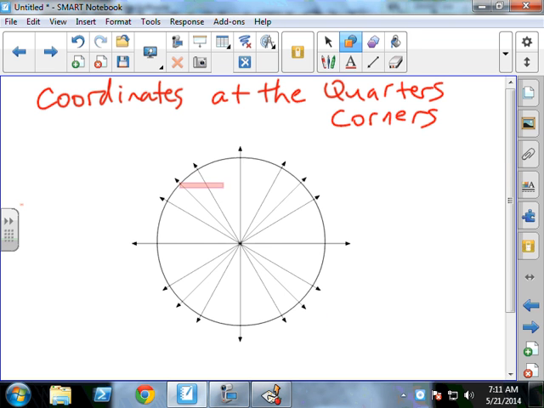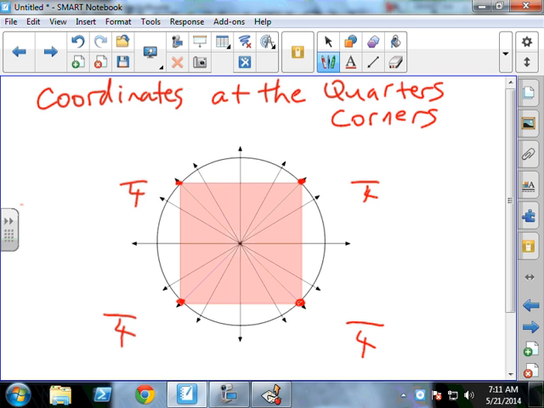So if I make a box like so, at each vertex of that box, remember, it's going to be some fourth of a pi. And remember, count 45 degrees at a time.